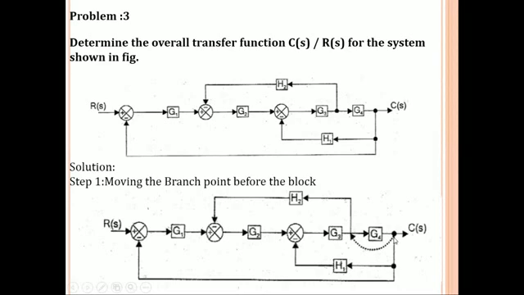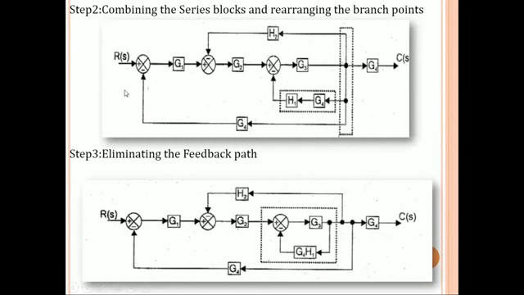Again, this G1 is directly connected to this point, a unity feedback system, so here also we will have the value of G1 because it is connected to the common branch point. So when moving this branch point before the block, we have to multiply with this G1. This is the resultant of that block. So here I have moved the branch point from here to here.